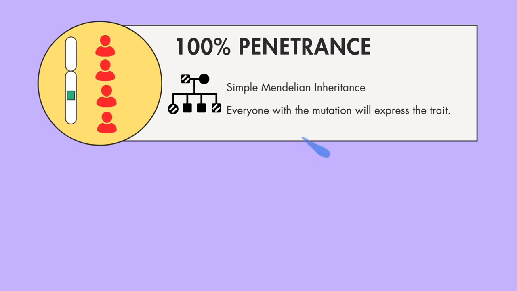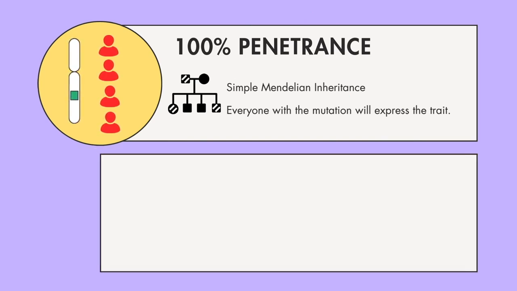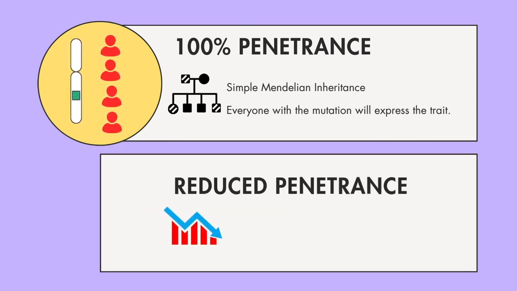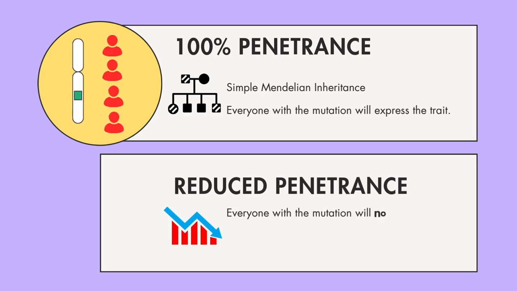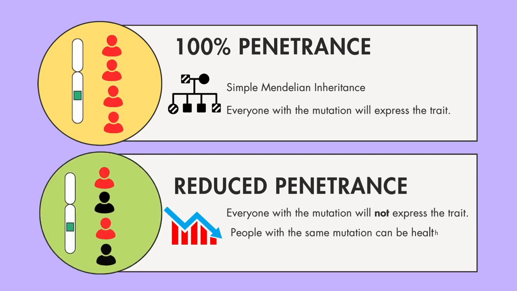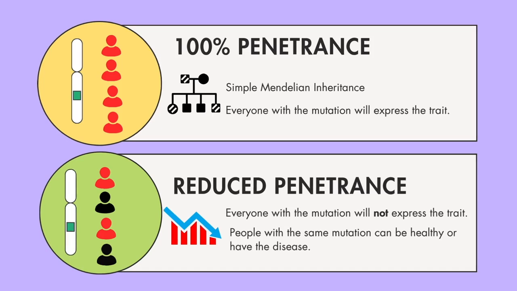But genetics isn't always so straightforward. Often we encounter reduced penetrance, where not everyone who carries the mutation will show the expected trait. This means people with the same mutation can be healthy or have the disease.